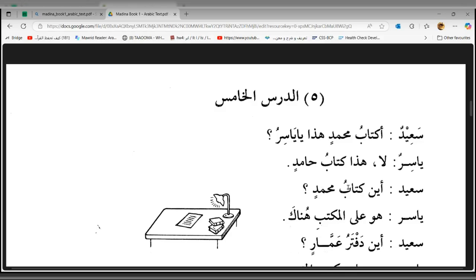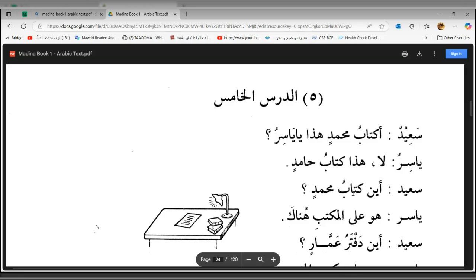The second rule is that the item that is owned cannot take tanween and it cannot take alif and lam, okay? And then the third rule is that the owner takes kasratain, okay? So those are the three rules of idafa, of mudaf and mudaf ilayh, okay?